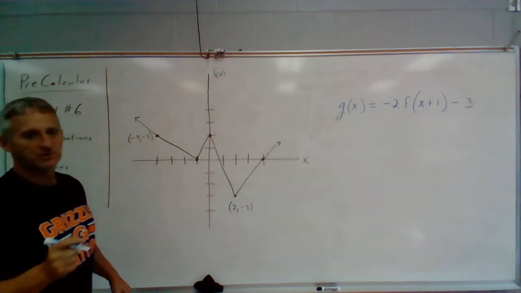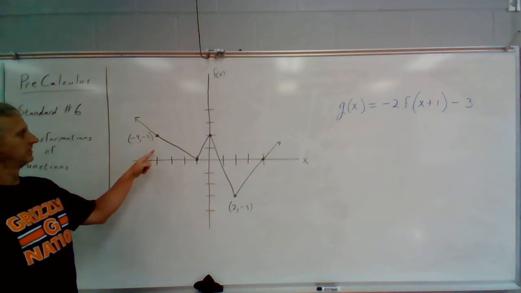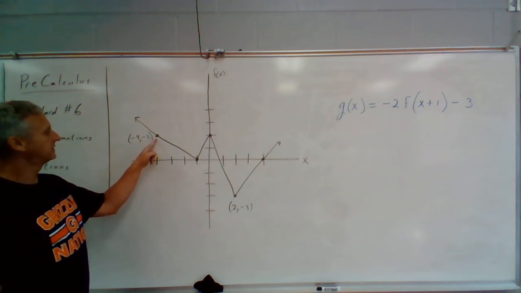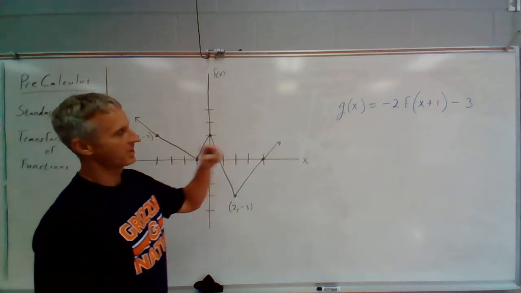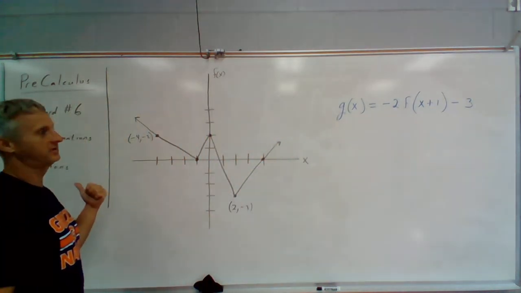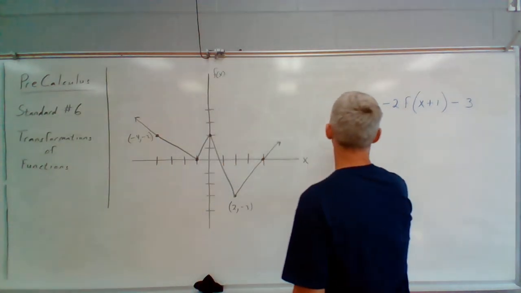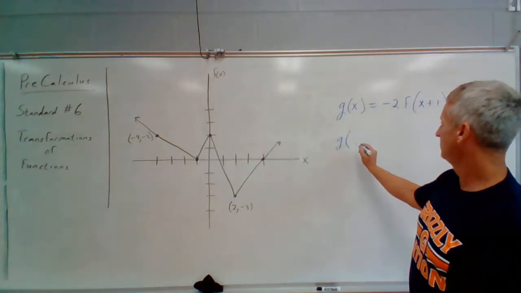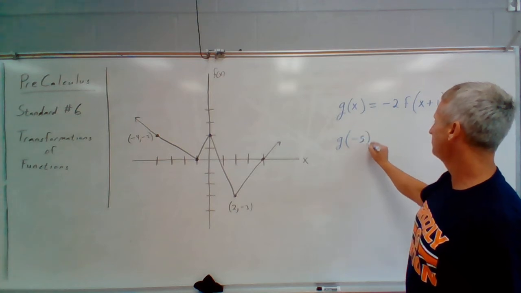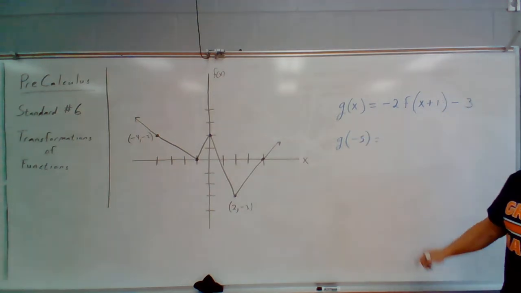Okay, so let's take each one of these points and see if we can move it around. So this point, -4, -2. I know that the +1 will shift it left one spot. So I know that I can find the point g of -5, because I know that point's going to get shifted left 1.